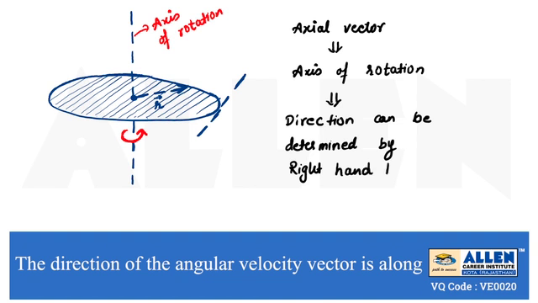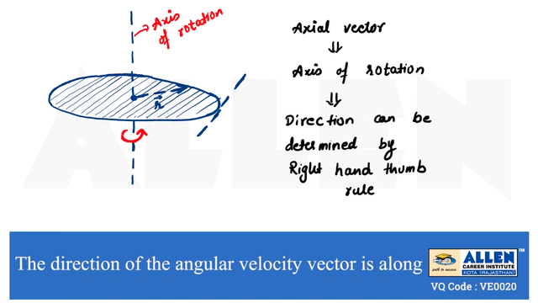It means the direction of axial vectors, which act along the axis of rotation, can be found with the help of the right hand thumb rule. So here we see angular velocity, which is an axial vector that acts along the axis of rotation, and its direction can be calculated or determined with the help of the right hand thumb rule.